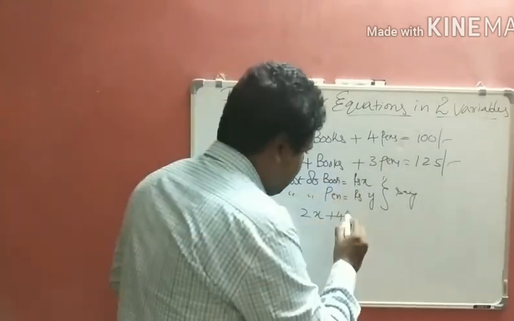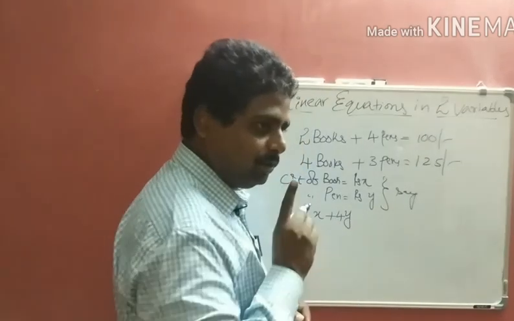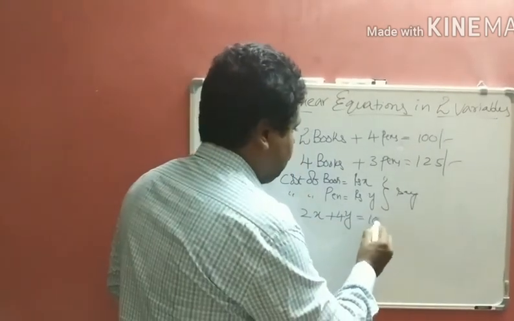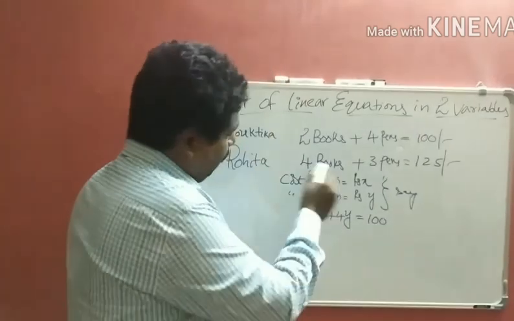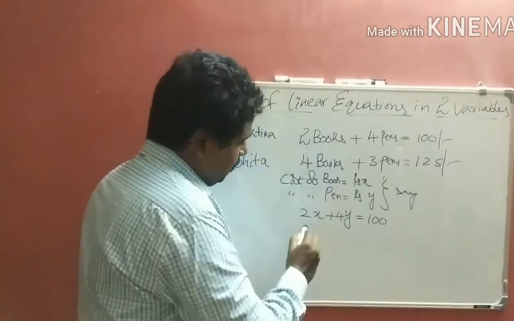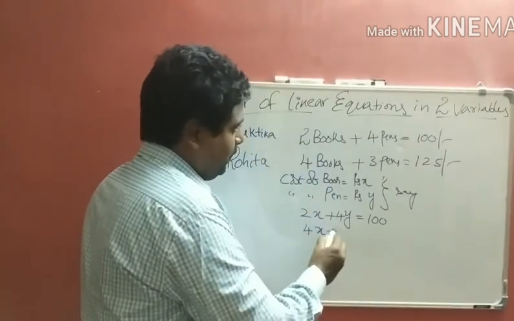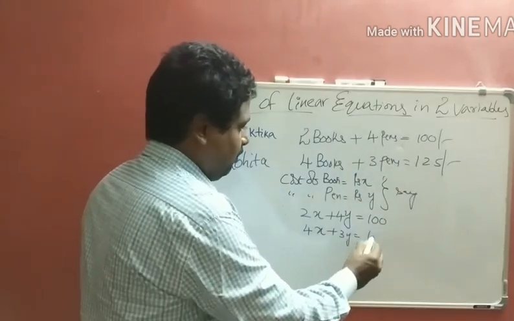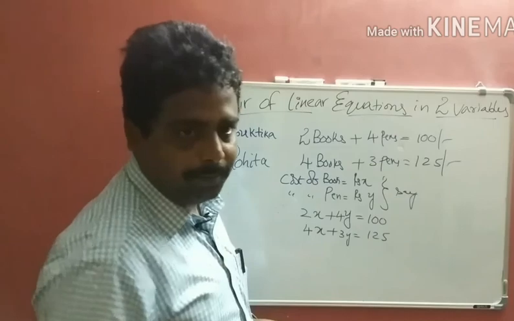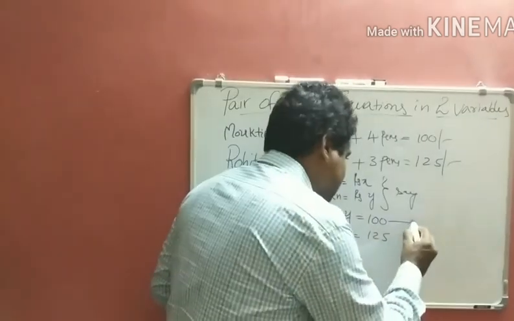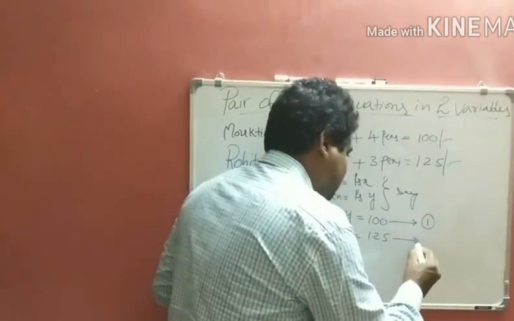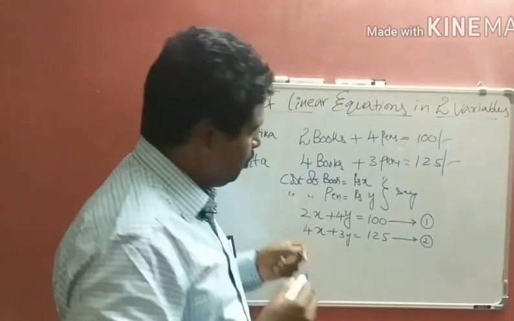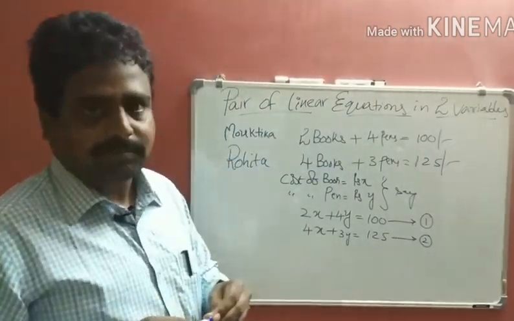We assume y, is equal to 100. Next, 4 books. Rohita bought 4 books, so 4x plus Rohita bought 3 pens, so 3y is equal to 125. Let us take this as equation number 1, this as equation number 2. These two are the mathematical equations.